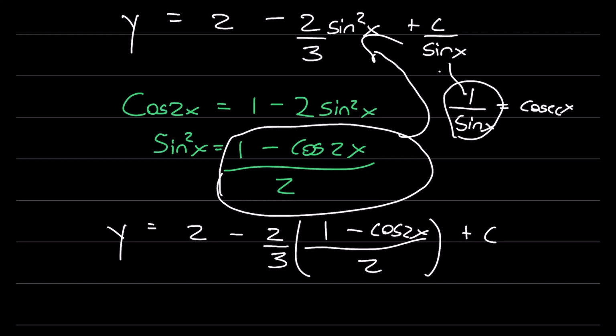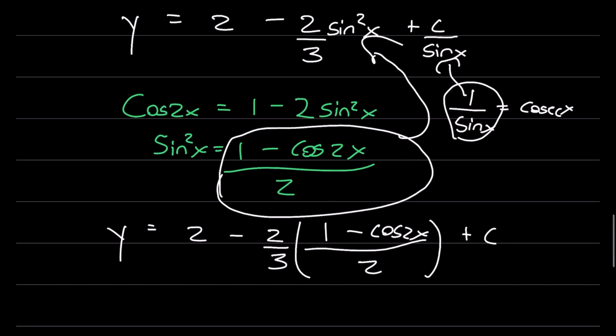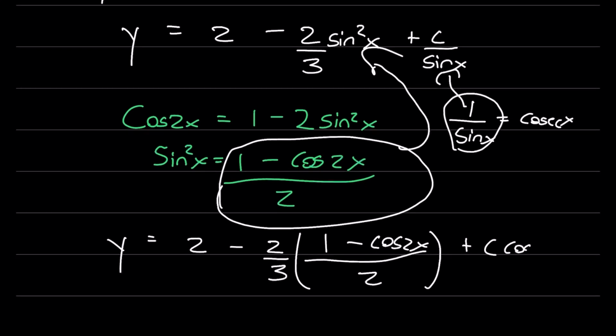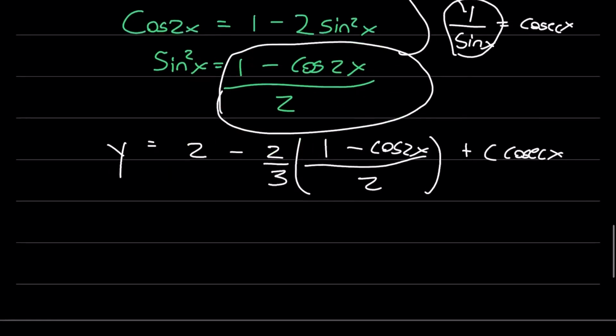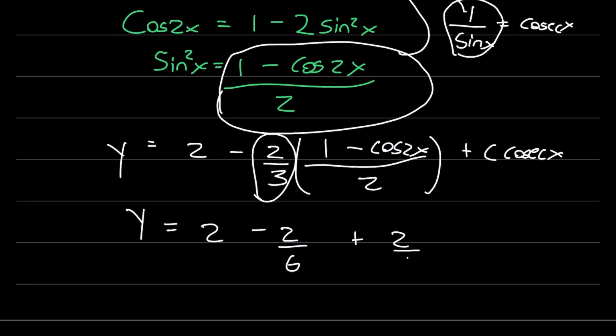So instead of saying c over sine x, we're just going to have c cosec x. And now we just have to expand brackets, and I think we should get the answer. So we're going to have y is equal to 2 minus 2 over 6, then plus 2 over 6 cos 2x plus c cosec x.